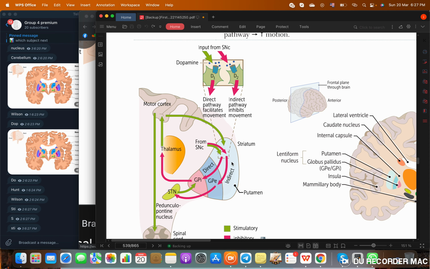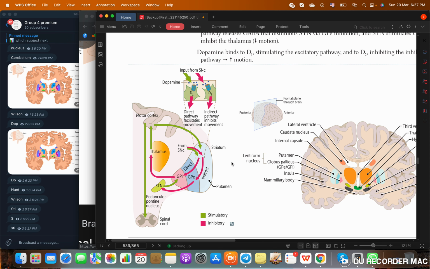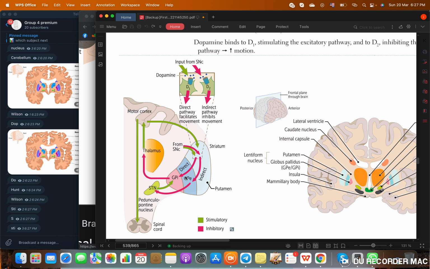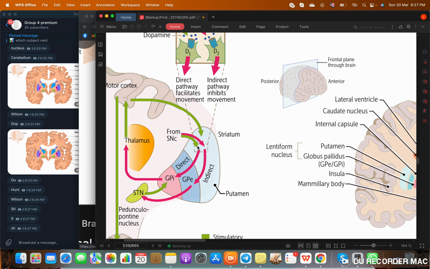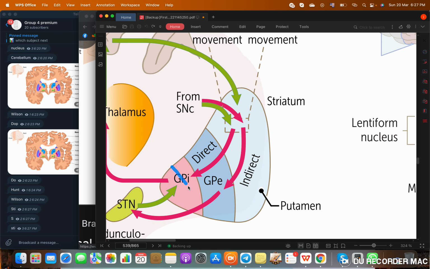The striatum, however, is a pretty interesting type of nucleus. It's inhibitory in nature, okay? So he's inhibitory. However, it will go and directly inhibit the Globus Pallidus internus. Remember, I told you there were two Globus Pallidus, internus and the Globus Pallidus externus. Okay. So when it inhibits the Globus Pallidus internus, the Globus Pallidus internus will stop working, right?